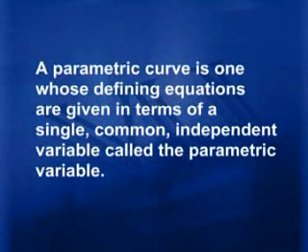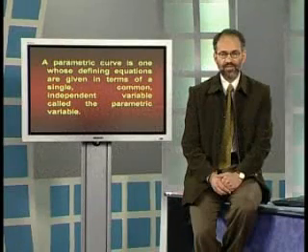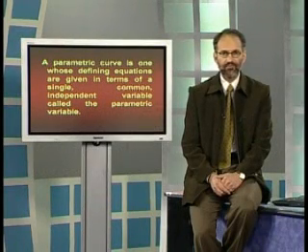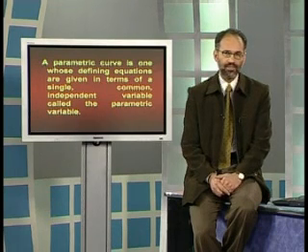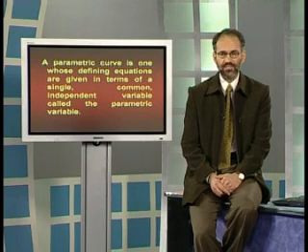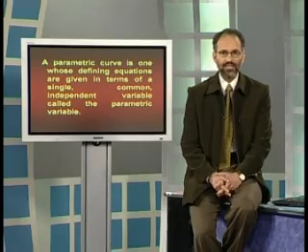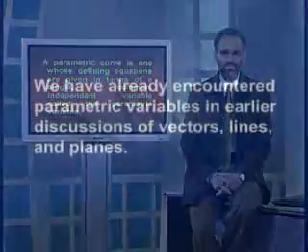A parametric curve is one whose defining equations are given in terms of a single common independent variable called the parametric variable. So we'll try to come up with such equations which can be defined making use of one independent variable, the parameter. And that is why the name of these equations is parametric equations, and correspondingly the curves are called parametric curves.